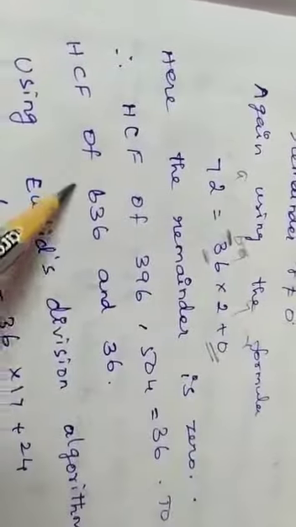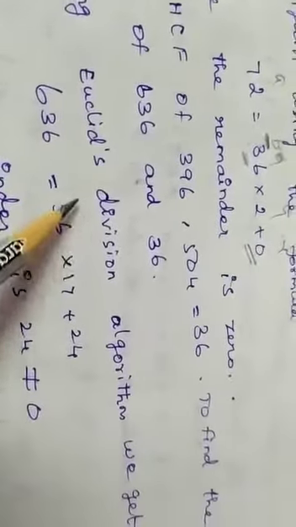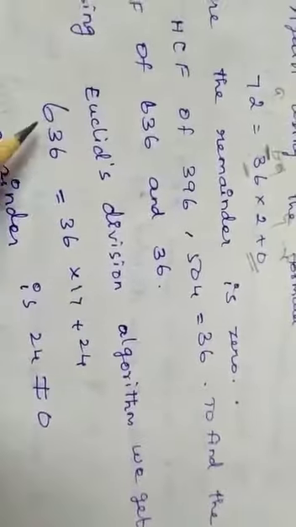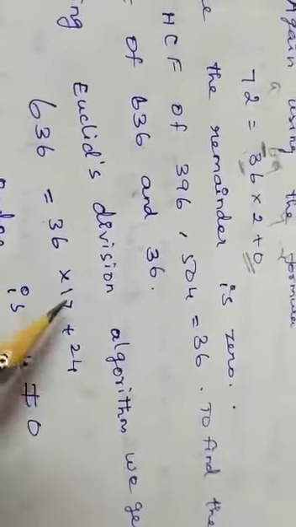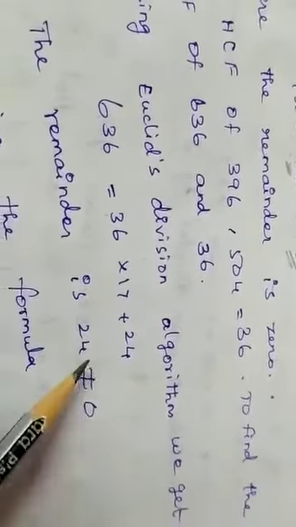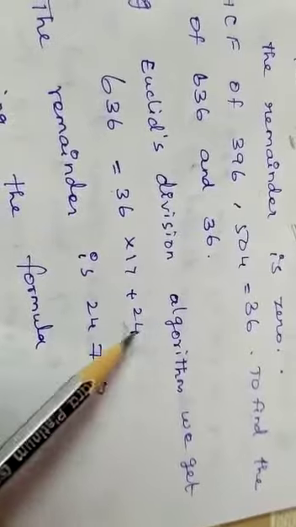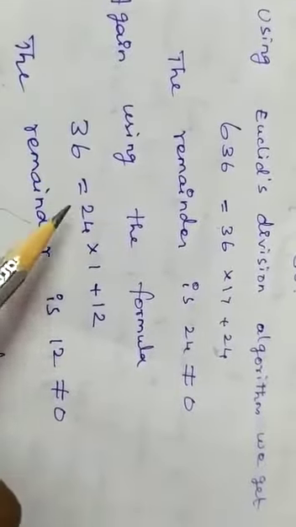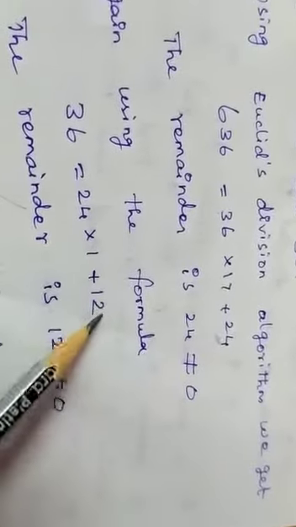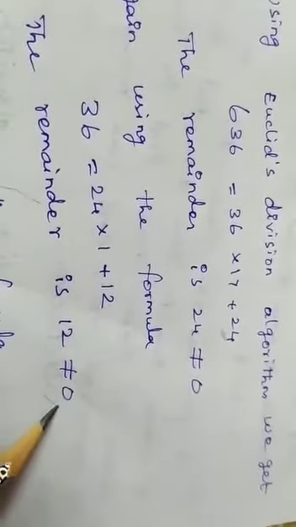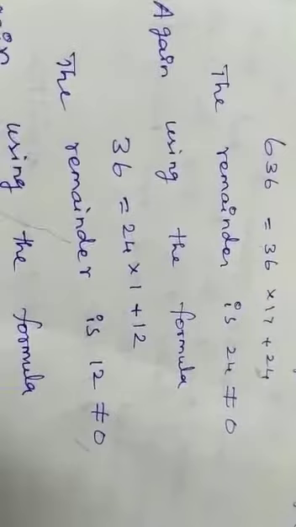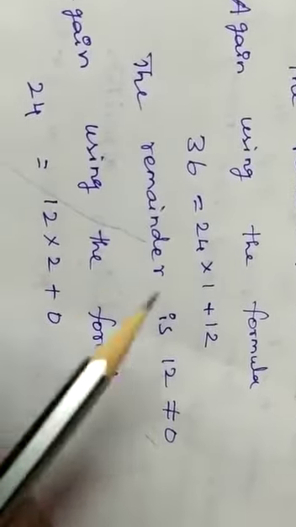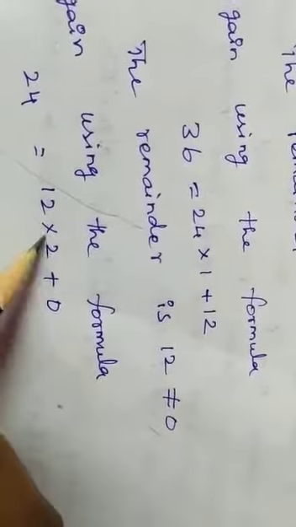To find the HCF of 636 and 36, using Euclid's division algorithm, we get 636 equals 36 into 17 plus 24. The remainder is not equal to 0, it is 24. Then we will do it again. That is 36 equals 24 into 1 plus 12. Again it is not 0. Now we'll do it again. That is 24 equals 12 into 2 plus 0.